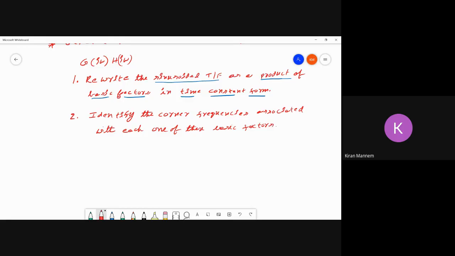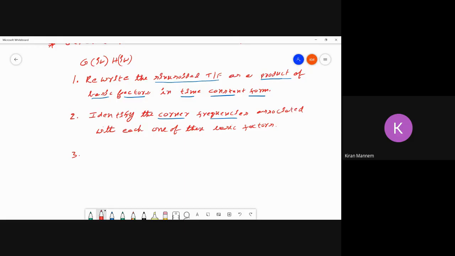So after writing the basic factors, you identify the corner frequencies. So as a find, identify corner frequencies. Third step.